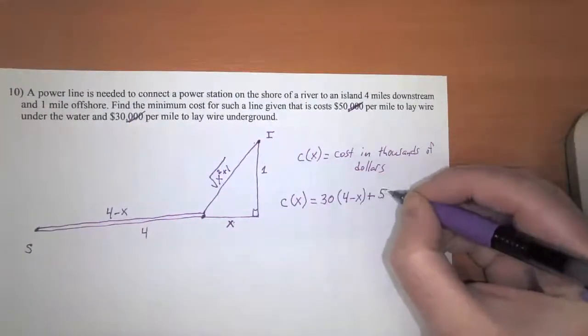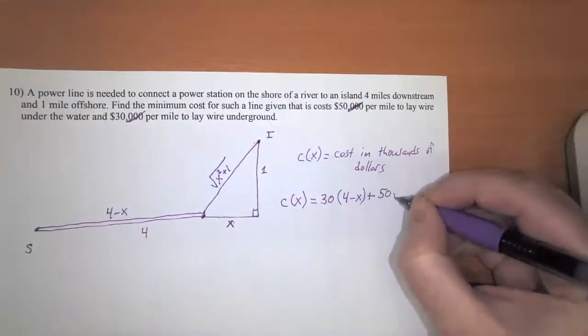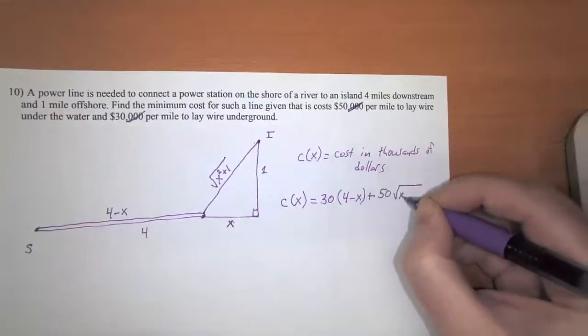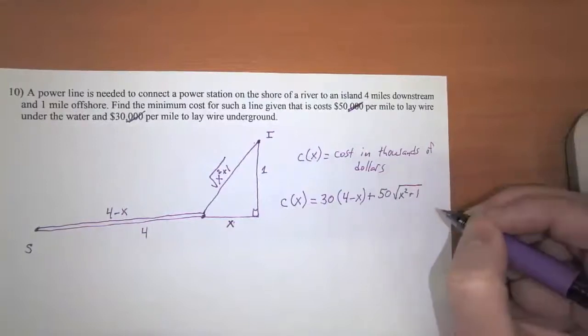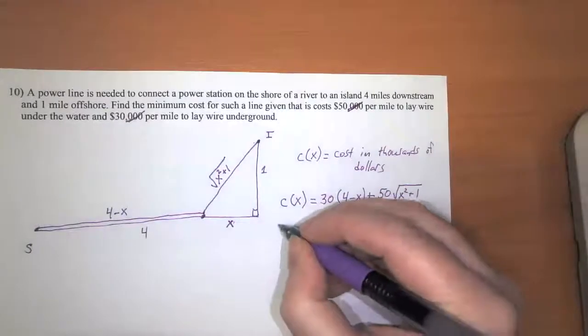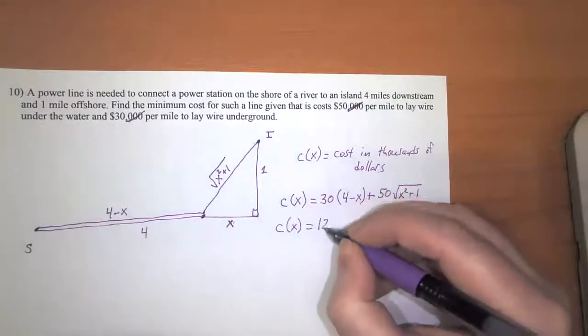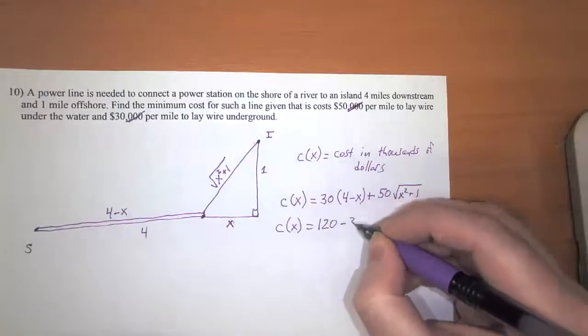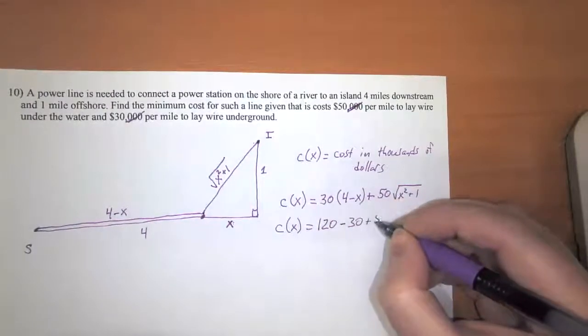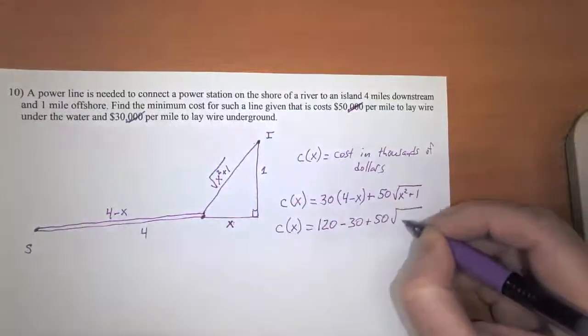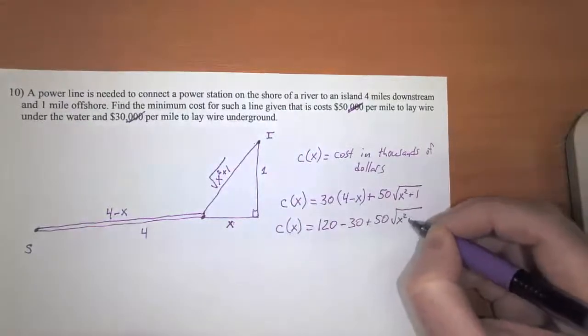So that's 50 kilobucks times the square root of x squared plus 1. And maybe we'll just simplify this a tiny amount. So we'll do the distributive law here. So it'll be 120 minus 30x plus 50 times the square root of x squared plus 1.